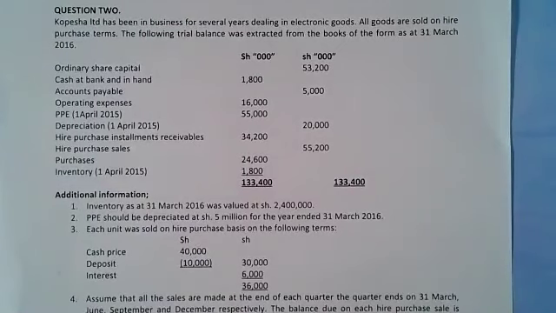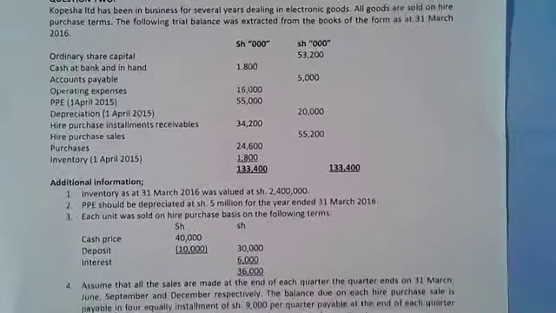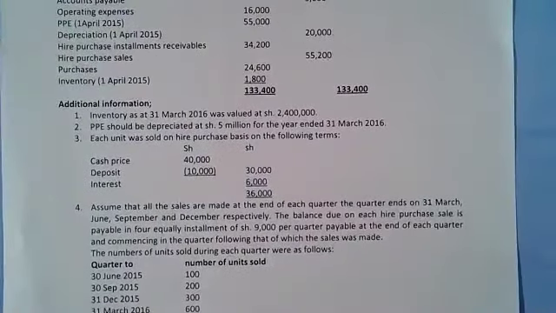Additional information number 1. Inventory as at 1st March 2016 was valued at 2.4 million. That's the closing stock. Number 2, PPE should be depreciated at 5 million for the year ended 1st December 2016. That's another expense. Number 3, each unit was sold on hire purchase basis on the following terms.